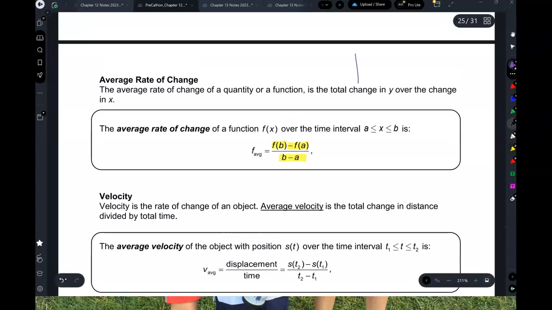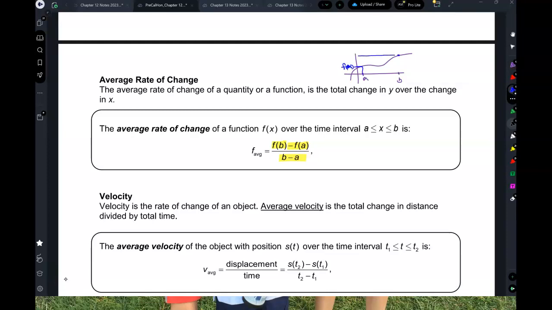Suppose I have a function like this, and this is a, and this is b. F of a is this point, and f of b is this point. In going from a to b, the y values changed.